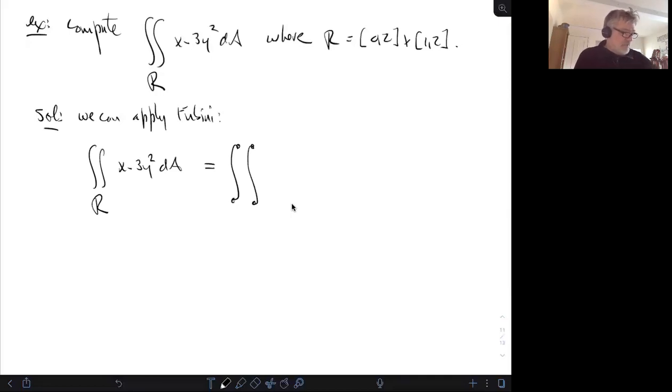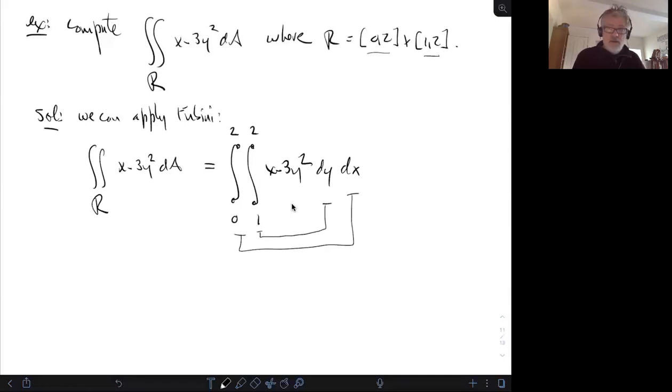So [0,2] are the x values, and [1,2] are the y values. If I write it this way, the y values are inside, so this should be dy, and this should be dx. This is really important. If you flip only the limits of integration or only the dx, dy, you will mess everything up.